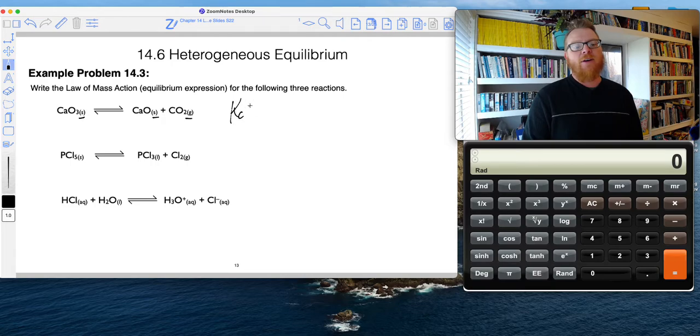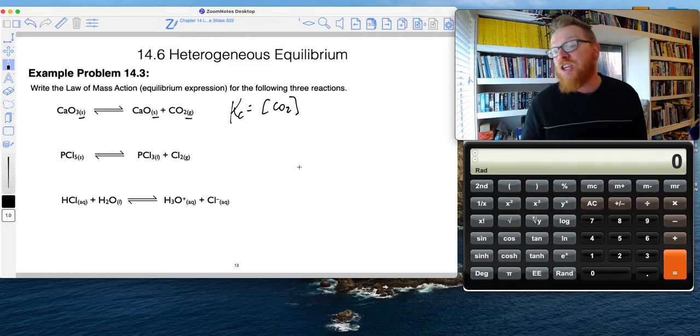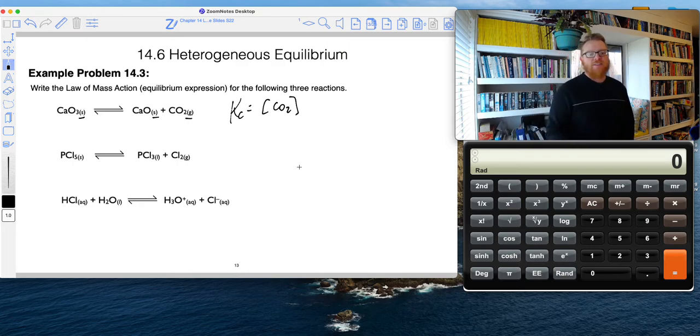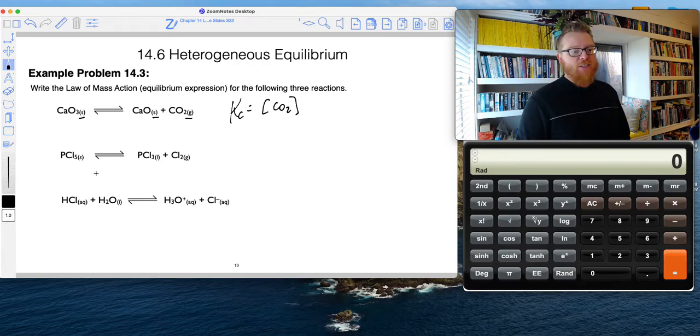That means our Kc for this reaction is simply the CO2 concentration. Of course, this would be expressed unitless, but we don't have to worry about the concentrations of the other reactants and products. What about this next reaction? We've got a solid, a liquid, and a gas. So once again, my Kc for this reaction is simply Cl2.